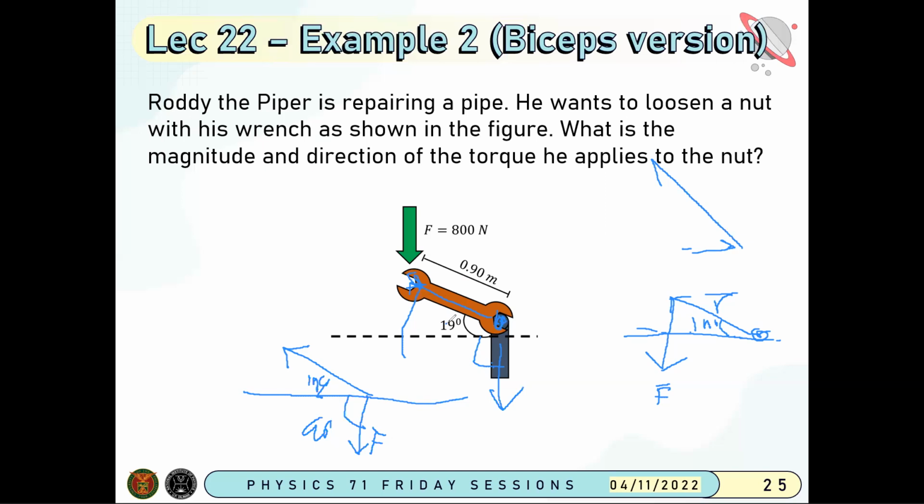Okay. So, RF sine theta. So, yung torque natin will be RF sine theta. Or sine phi pala. Sine phi gamit. So, R is 0.9 meters. F is 800 newtons. So times 800 times sine ng angle, which is sine of 109 degrees.